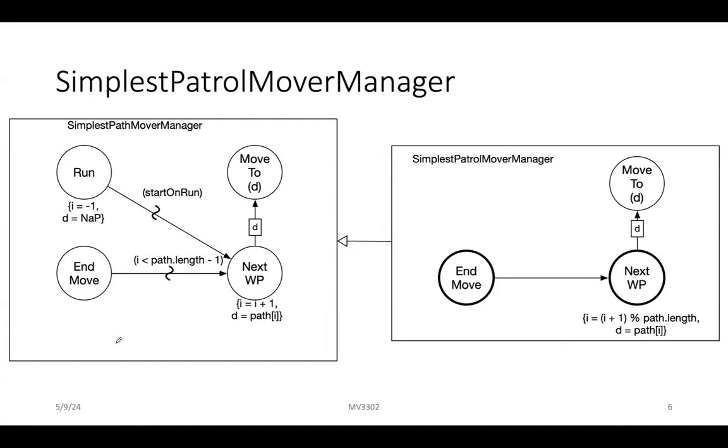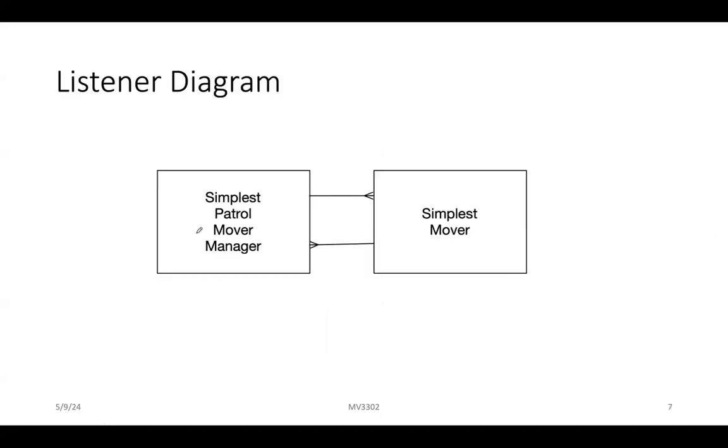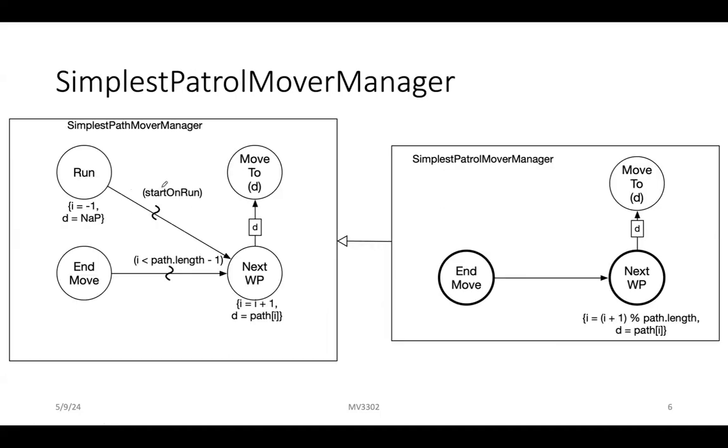And the only difference between it and the path mover manager is that when we get to the end, we don't stop, but we actually go back to the beginning.